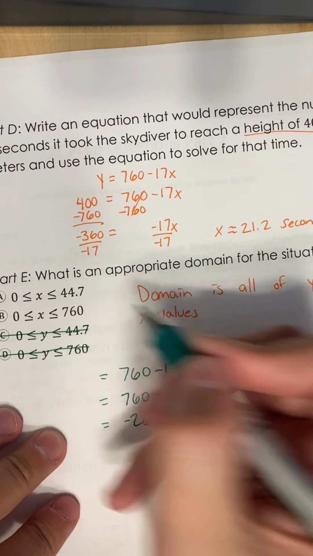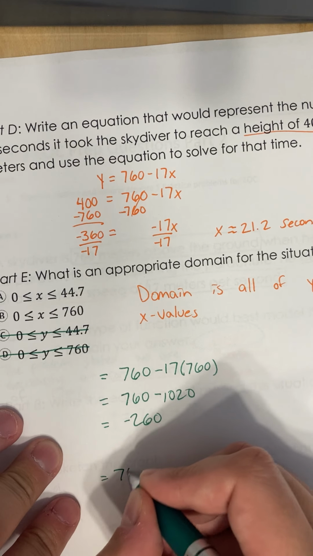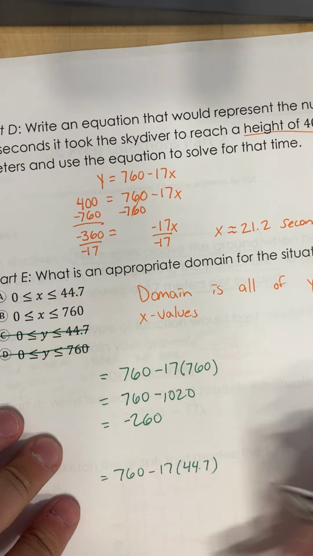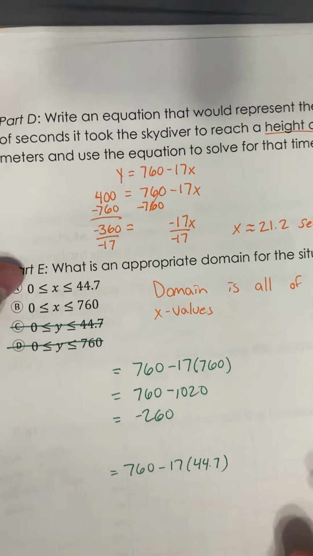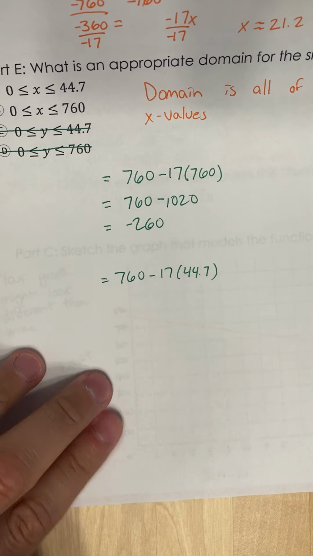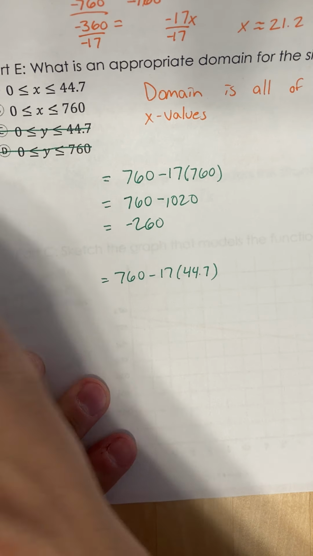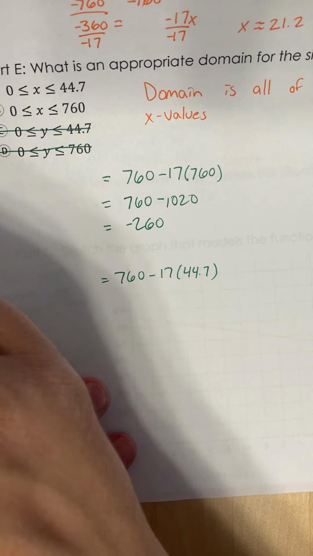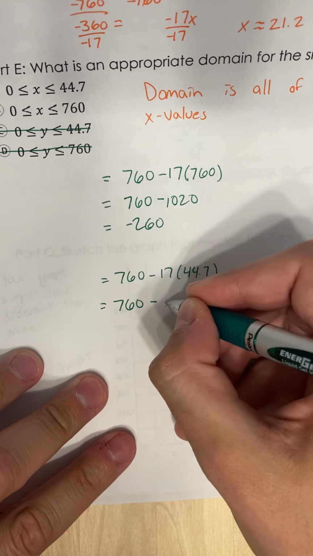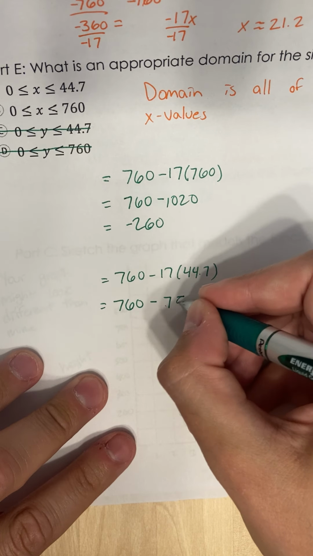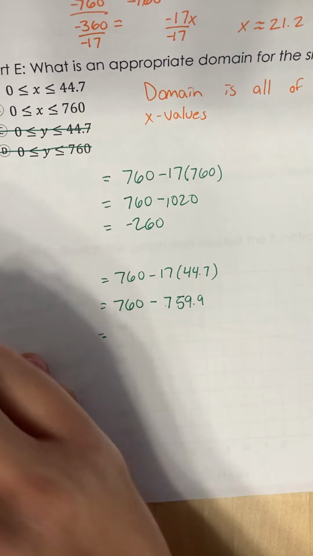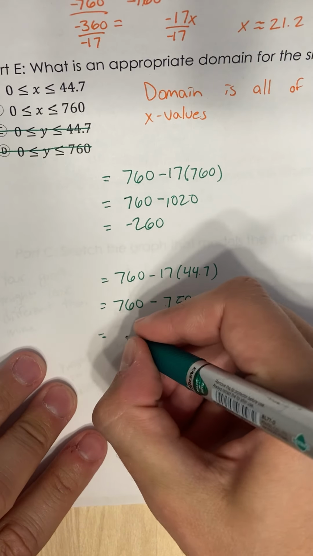Let's try 44.7. So 760 minus 17 times 44.7. Let's see what we get. In fact, 17 times 44.7 gives us very close to 760, so 759.9, and if we subtract that, we get 0.1.